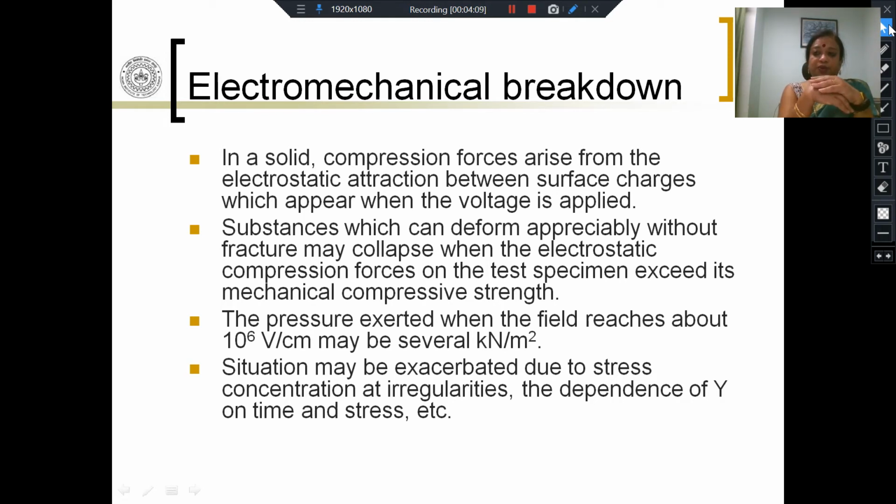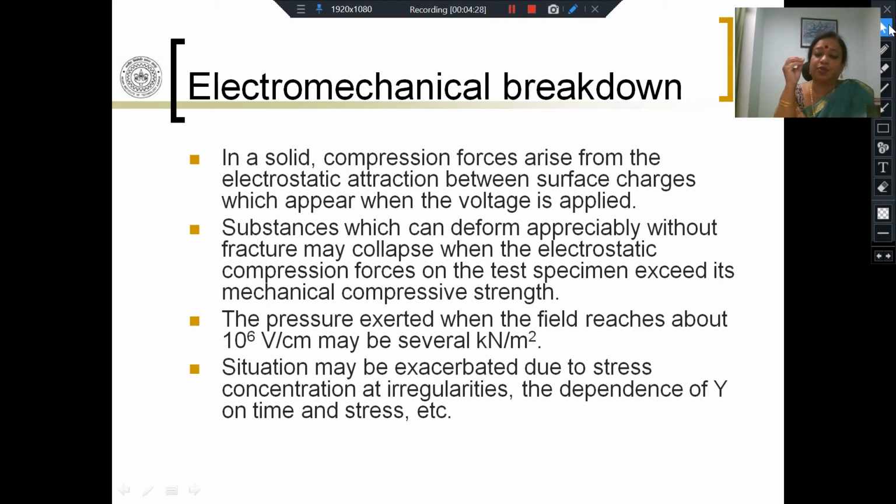Or it could be that the material has some ability to deform. Now when it deforms, the opposite surfaces come closer to each other. When they come closer to each other, they attract even more. When they attract even more, the compression forces are even higher.